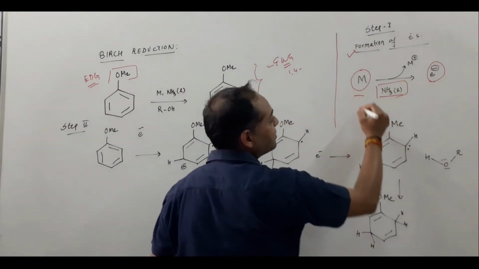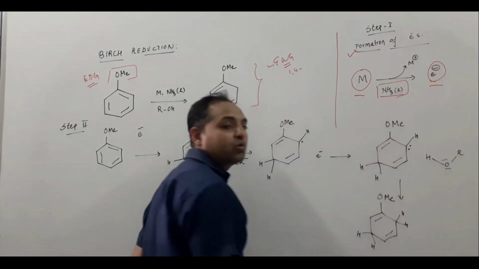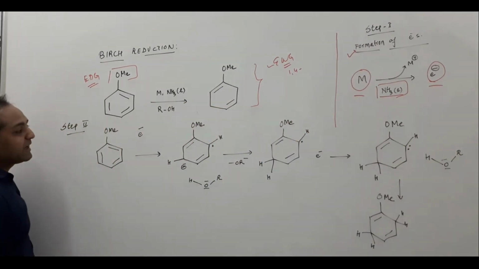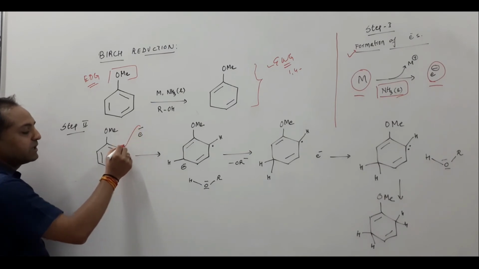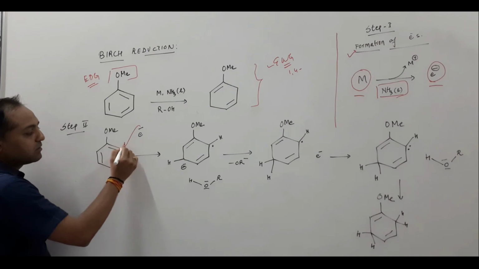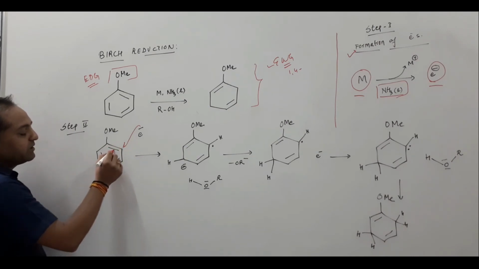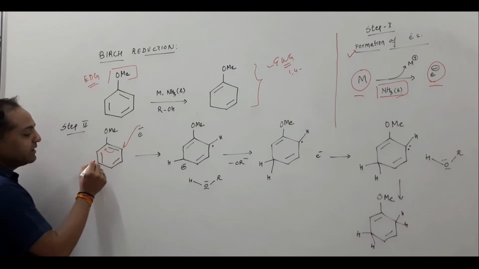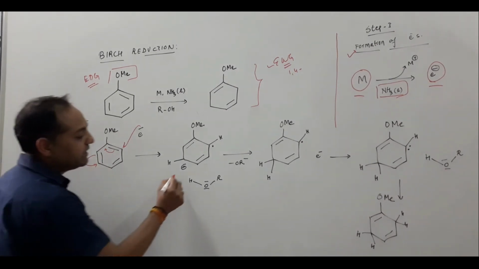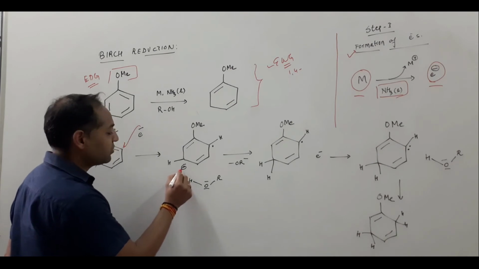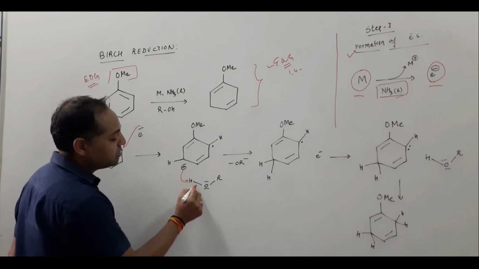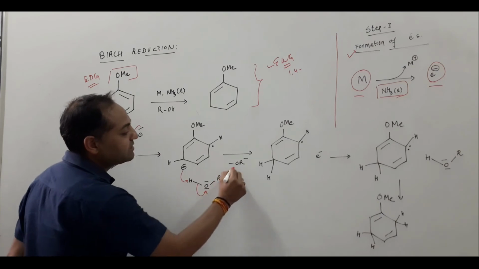From the metals electrons are produced, and then in the mechanism single electron transfer takes place. Then both electrons are shifted here and these electrons are shifted here. So here there is a pair of electrons. Now this pair of electrons accepts the proton and the alkoxide group is removed.